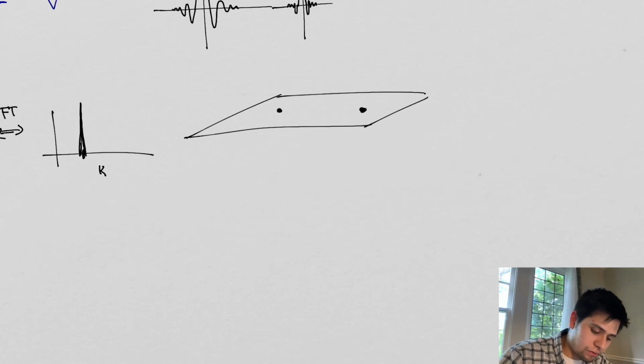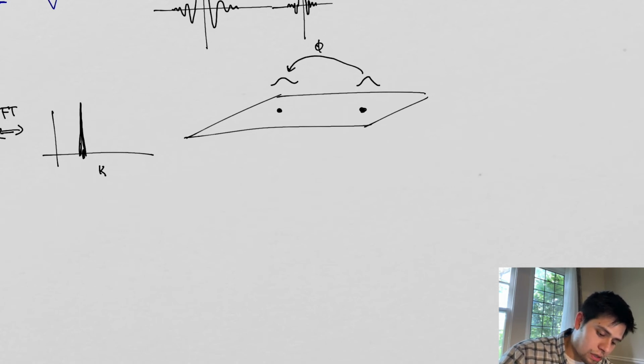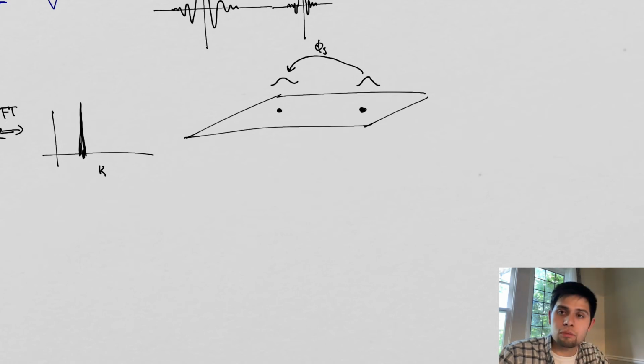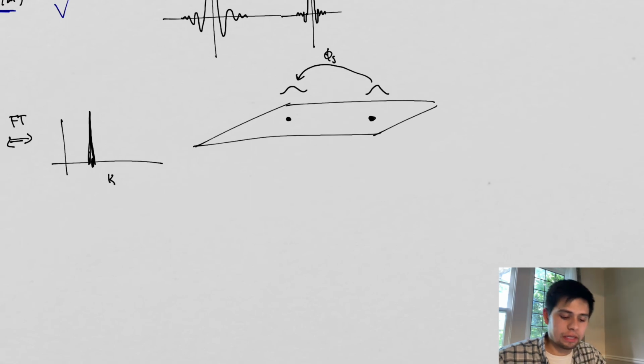You have some potential here and some potential here, and this special function tells us something about the interaction between these two particles. That really is the idea behind these Green's functions.